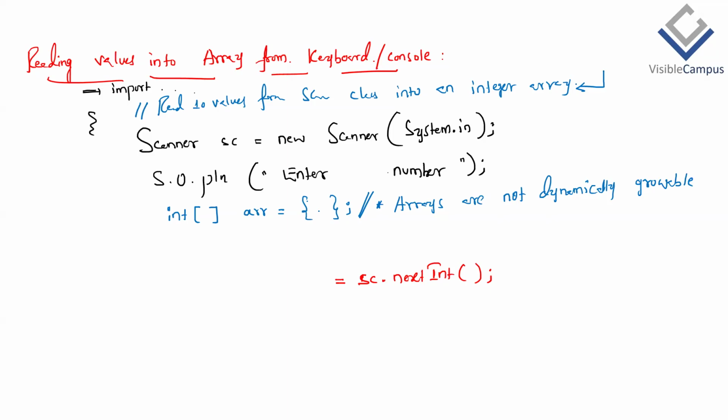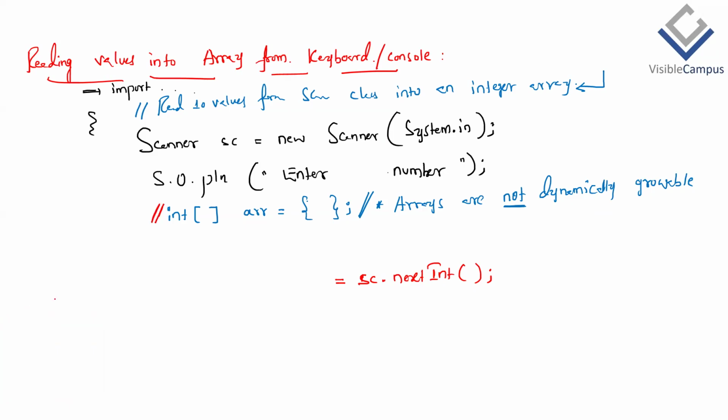If we declare some array with no elements or 10 elements, can we add an 11th or 12th element to it? No. Can we remove some elements from it? No, it is not possible. If that were possible, it would be called dynamically growable nature, but arrays don't have such capacity. So this is an invalid way to declare an array to take 10 elements. This is invalid syntax.